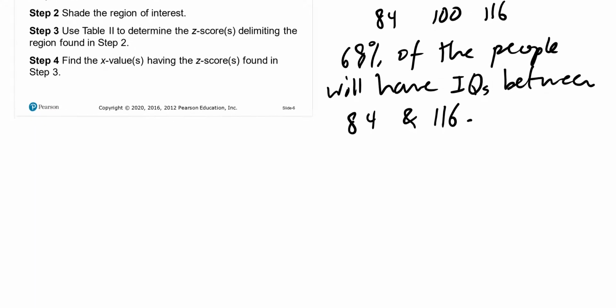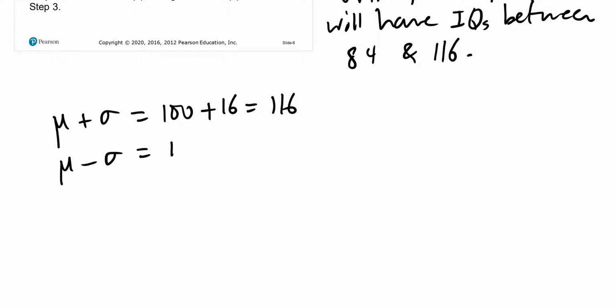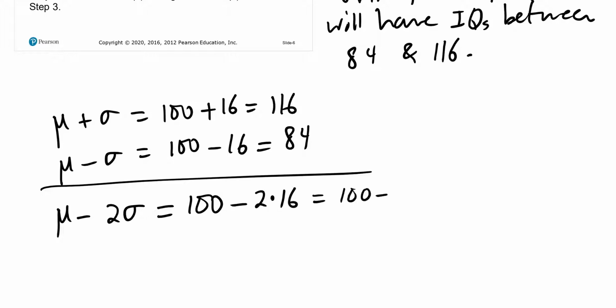What about two standard deviations? For one standard deviation, I found 100 plus 16 is 116, and 100 minus 16 is 84. For two standard deviations, the mean minus two times 16 is 100 minus 32, which gives us 68.